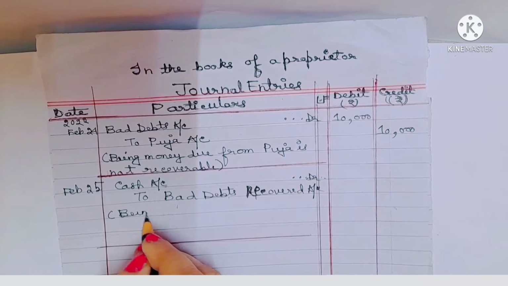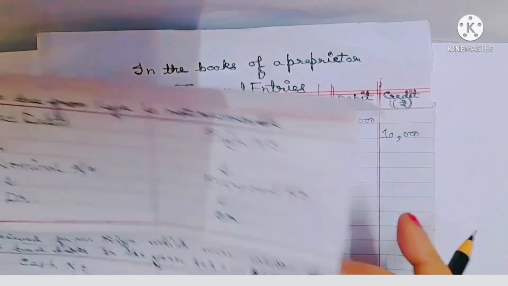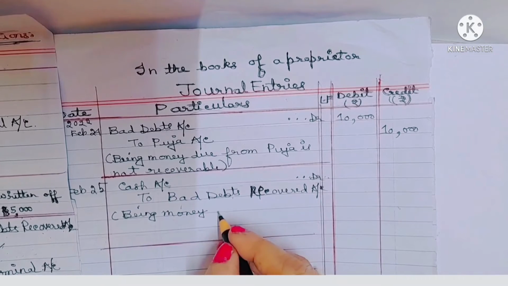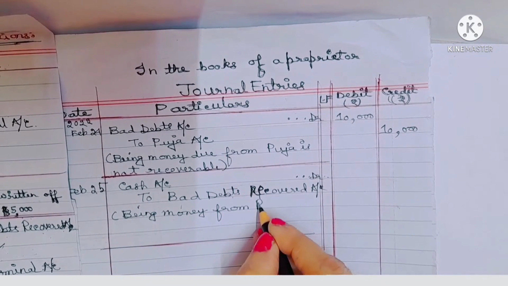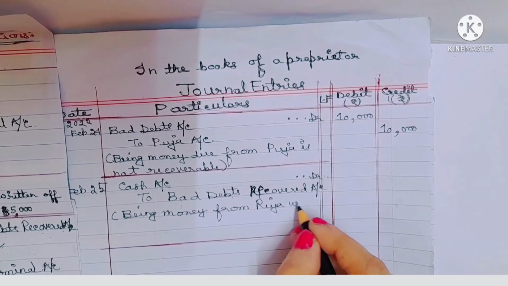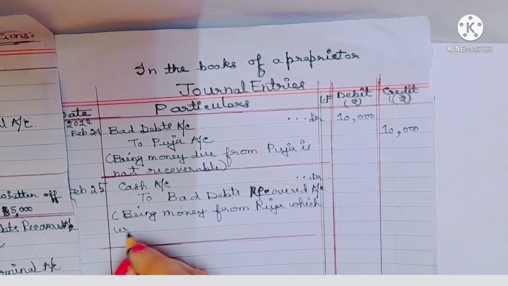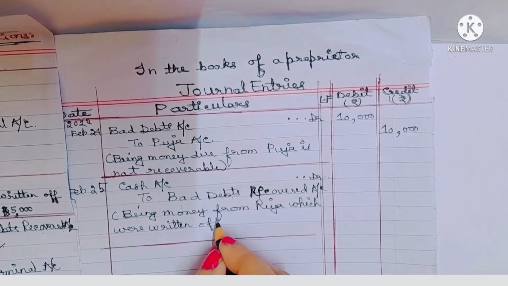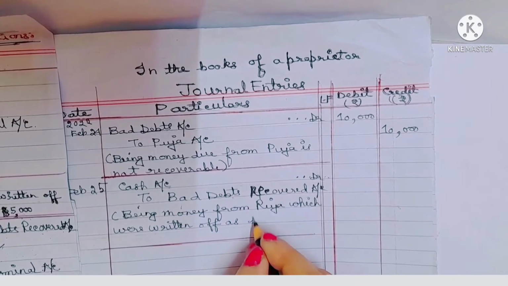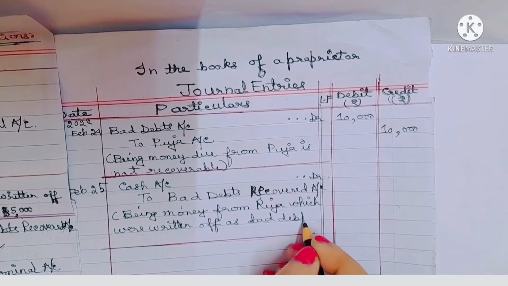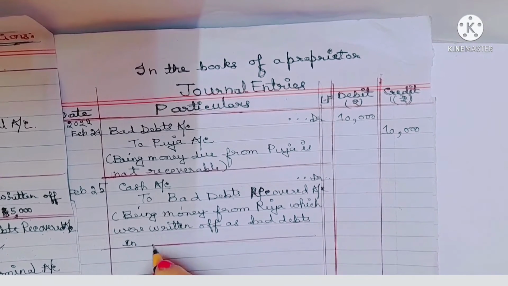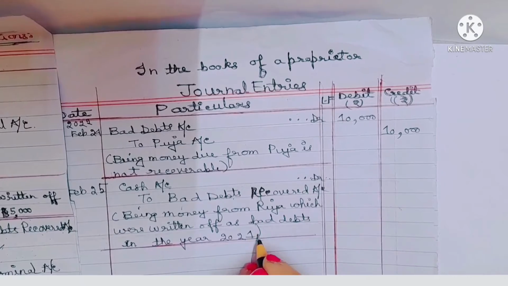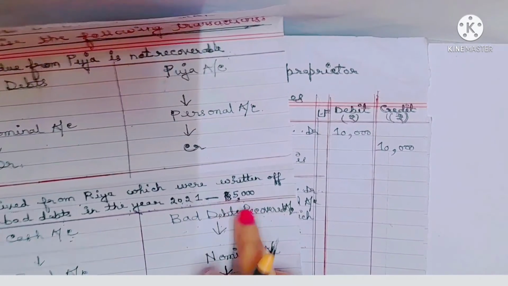Narration: being money received from Ria which were written off as bad debts in the year 2021. Amount, what is the amount? See, 5,000.